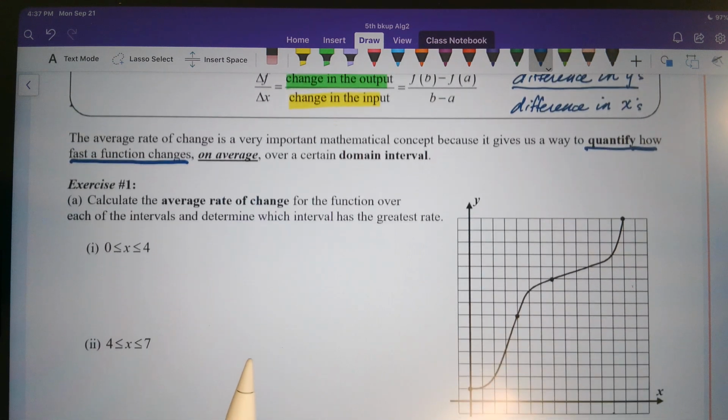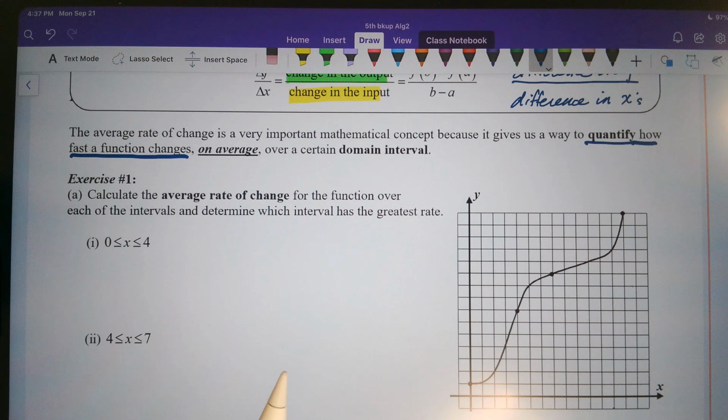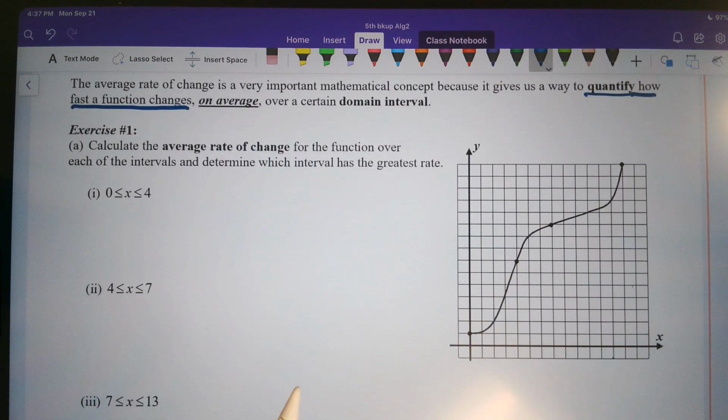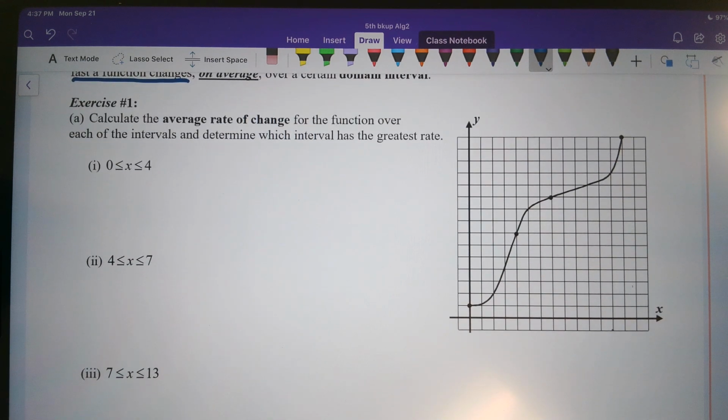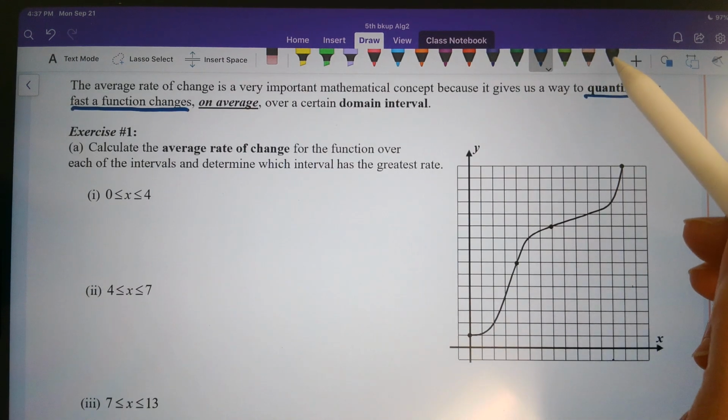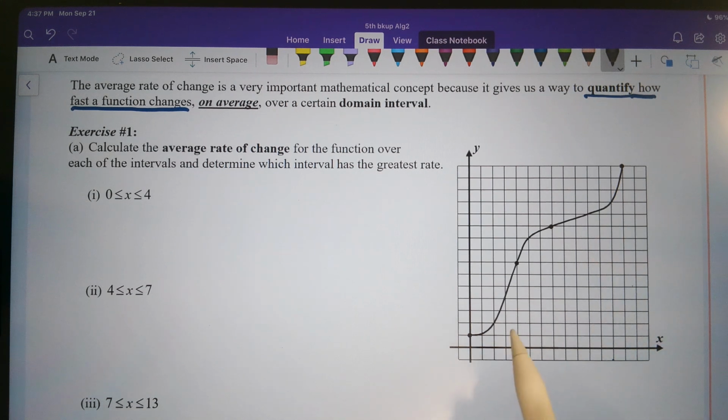So exercise number 1, we're going to calculate the average rate of change over the 3 intervals that we have listed here. So we're referring to this graph, and let me place some numbers here.